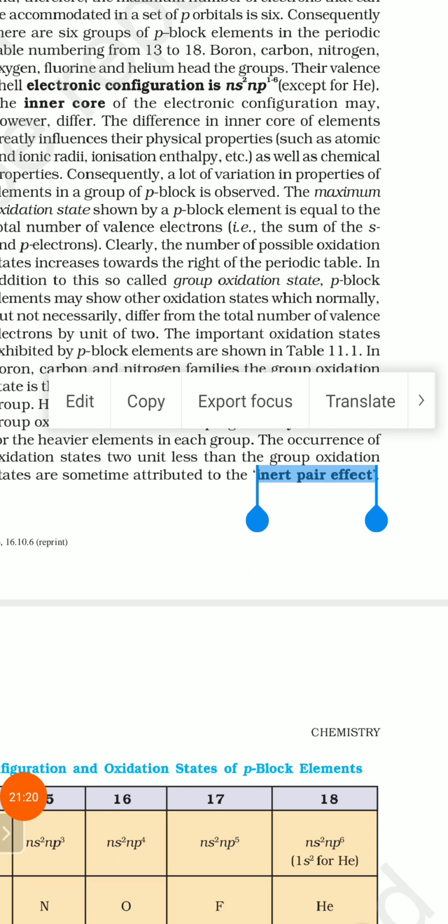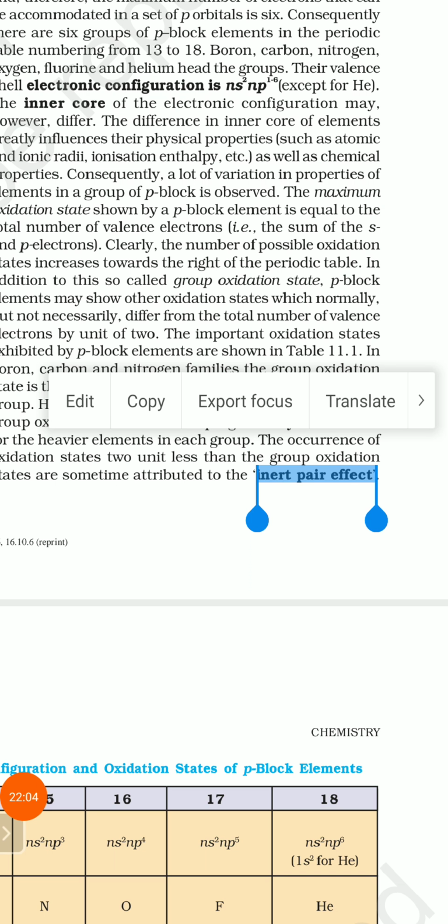That means the more stable electrons are the ns2 electrons. How many electrons are there in the s orbital? 2 electrons. These stable 2 electrons in the s orbital do not combine with other elements. The s orbital is completely filled with 2 electrons, so it is inert.